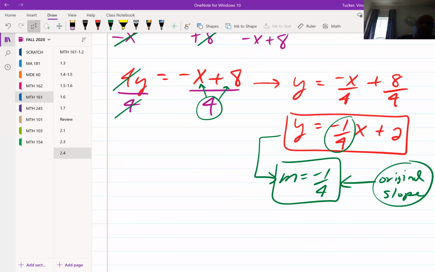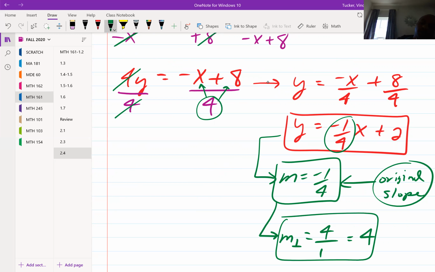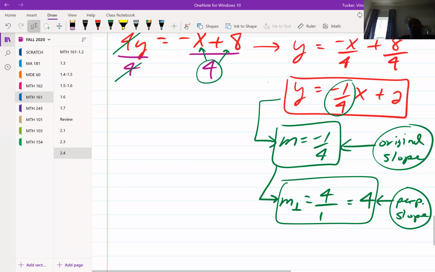Now we want a line that's perpendicular to this line, so the slope has to be a negative reciprocal. That's going to be a positive 4 over 1, which is just positive 4. So that's the slope of a perpendicular line.